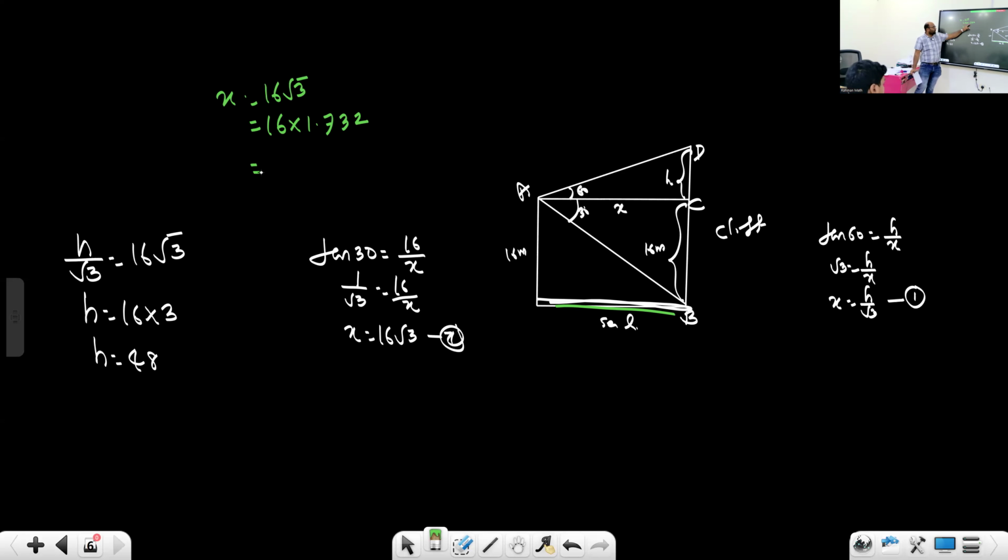It is 1.7 only; 2 times is there, then only 32 will come. Siddharth, you can multiply it. How much? 27.712 meters, that is the distance between.